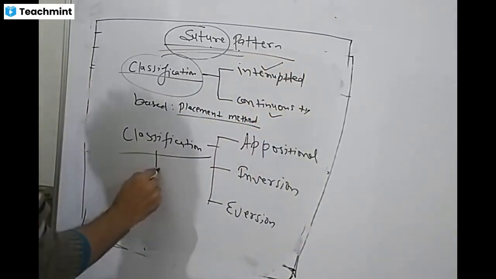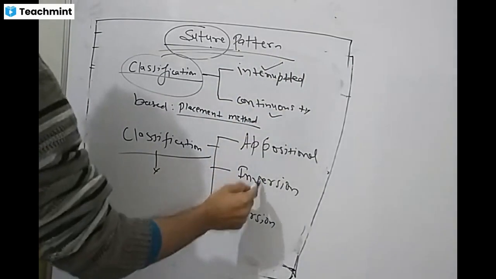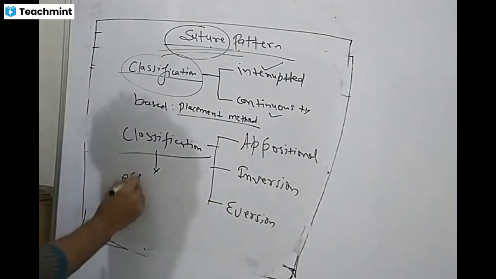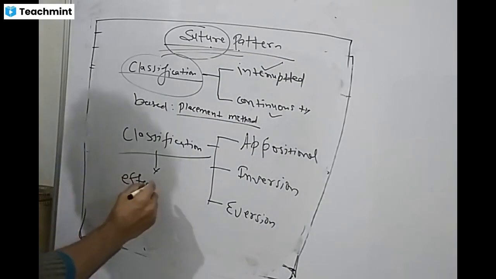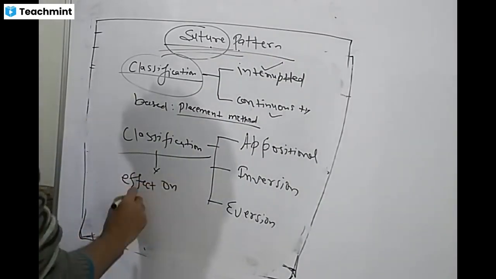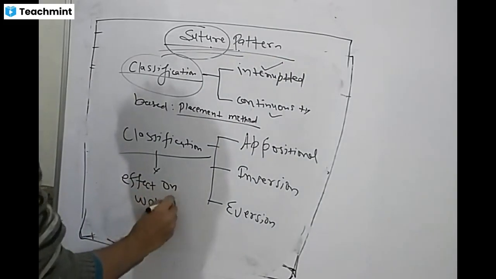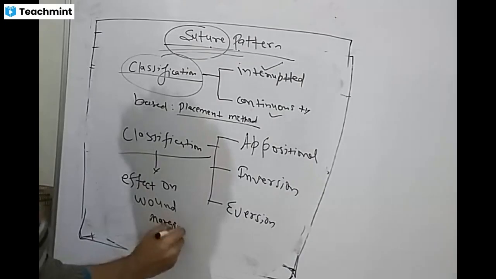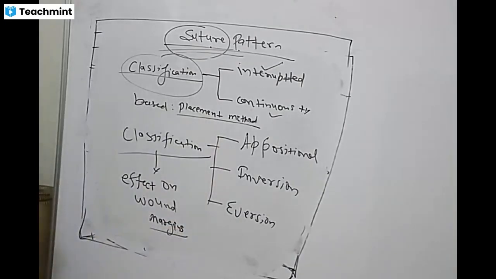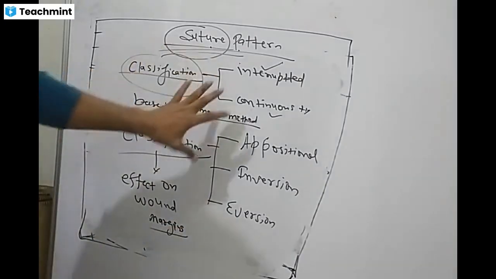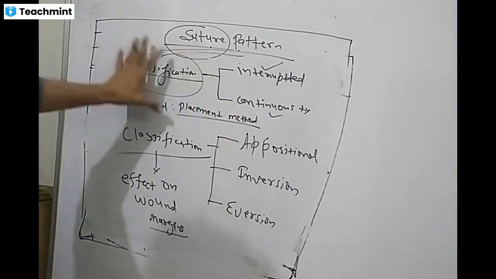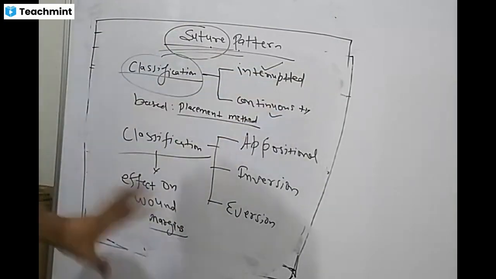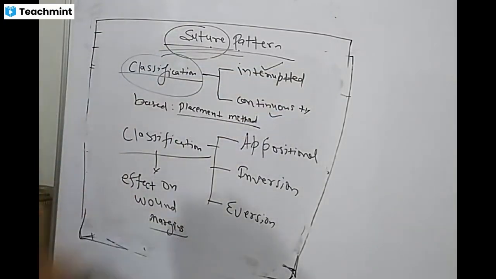But this classification, appositional, inversion or eversion, is based on the effect on wound margins. So there are two main classifications. First is based on the method of placement, second is based on wound margins.